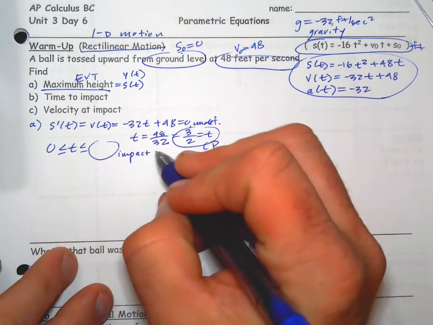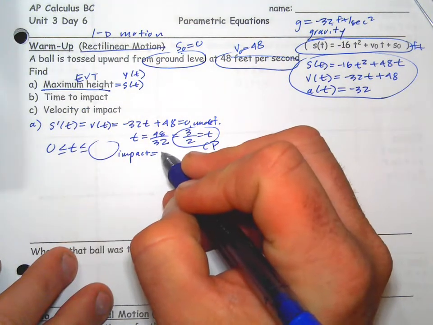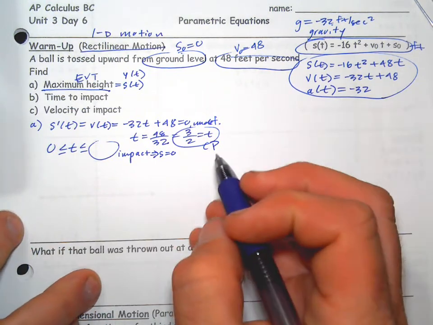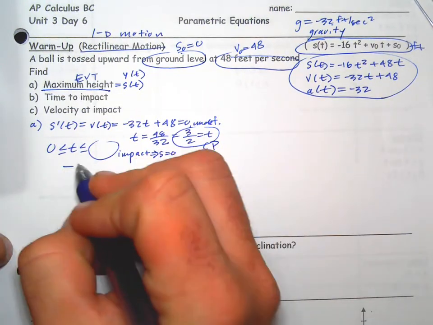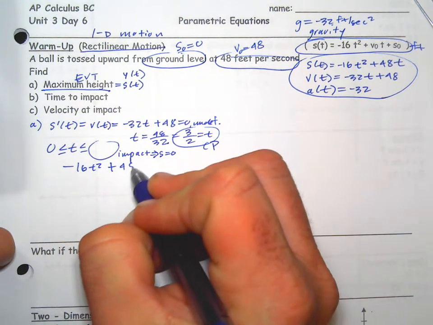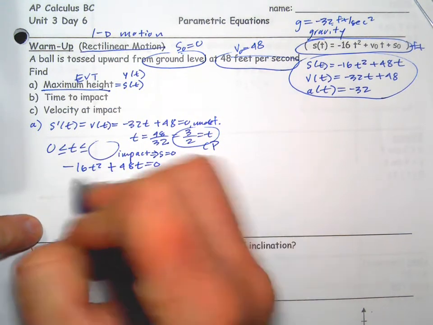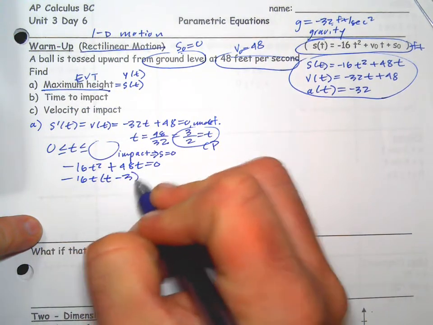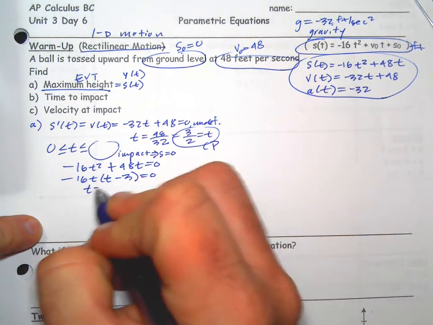So what we usually do is we say, well, how do you find impact? You set position to 0. So we're going to do that. Negative 16t squared plus 48t equals 0. We can factor negative 16t out, t minus 3. And we get t equals 0 and t equals 3.